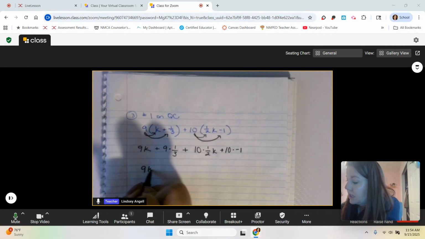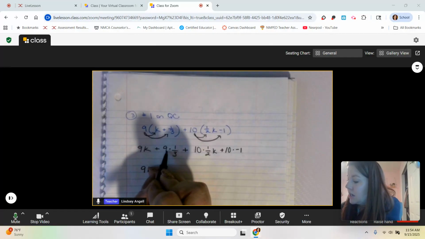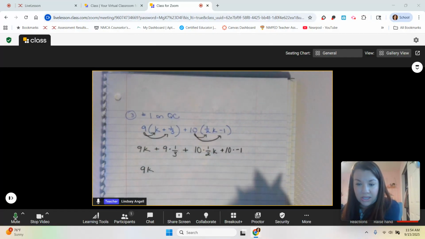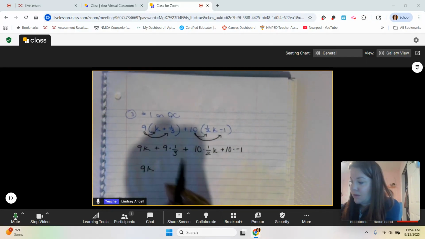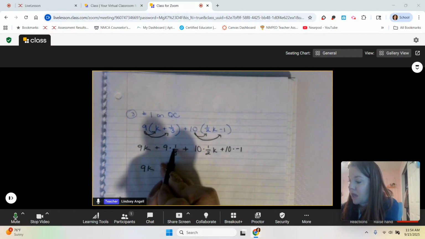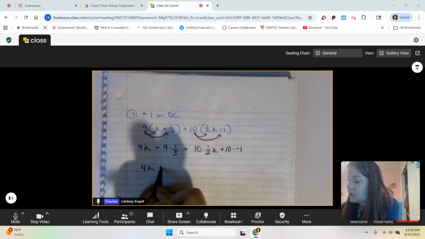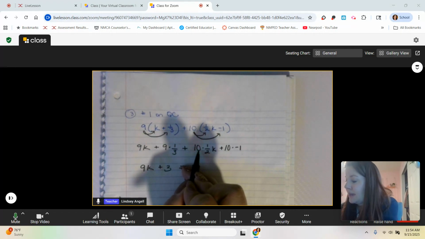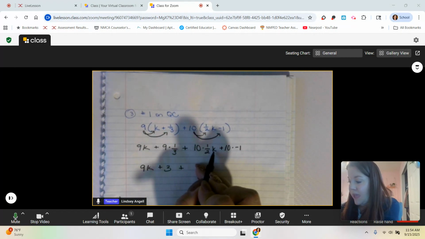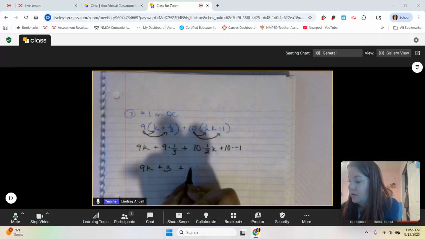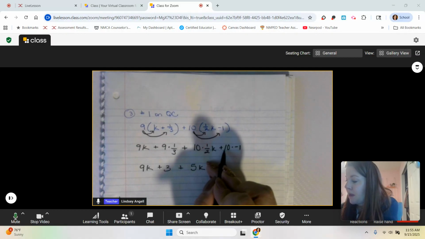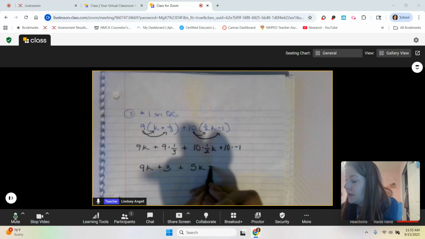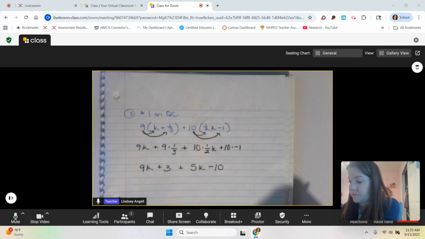And then 9 times 1/3, or you can think about it as 9 divided by 3, because if I combine these, I'd have 9 over 3, which is just equal to 3. Then I have 10 times 1/2 k, or we could say half of 10, which is 5. So we have 5k. And then positive 10 times -1 is -10.